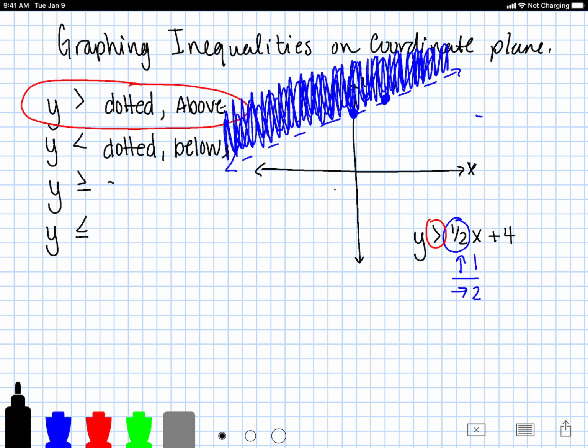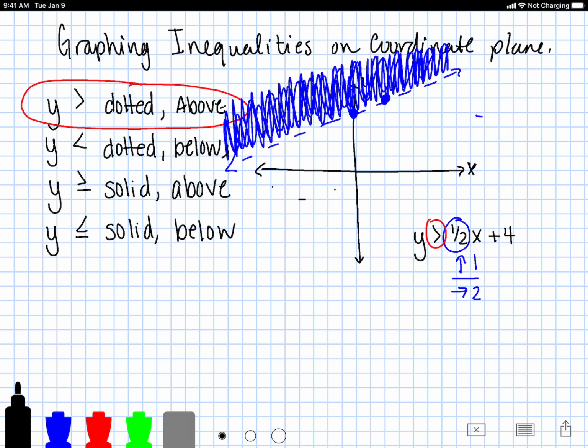Because it's got the equal mark, that's a solid line, and it's greater than, so you would shade above. The last one is less than or equal to. Because of the equal sign, it's going to be solid, and less than means we're going to shade below the line. All right, so that is how you graph an inequality when your equation is in y equals mx plus b.